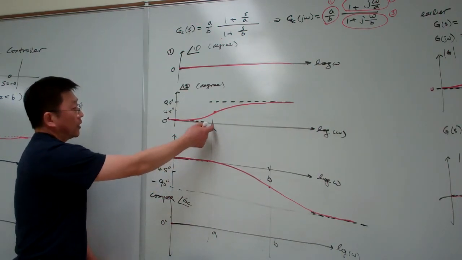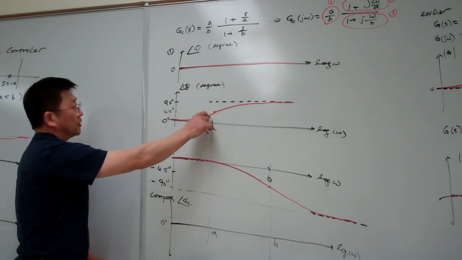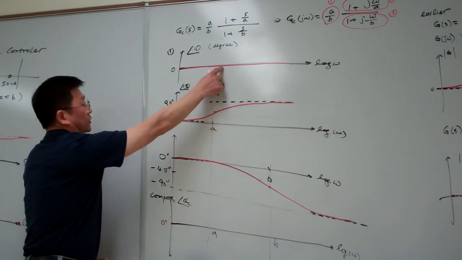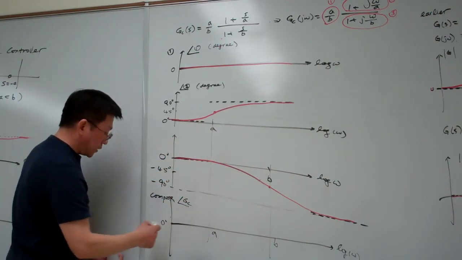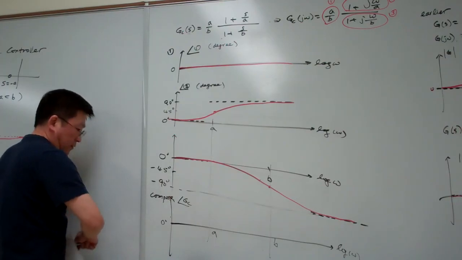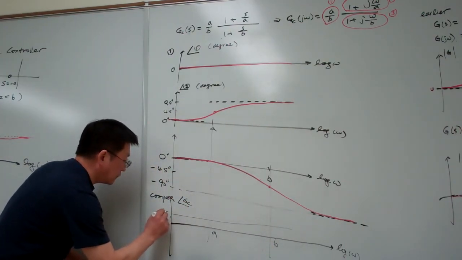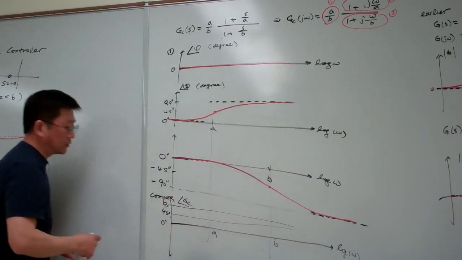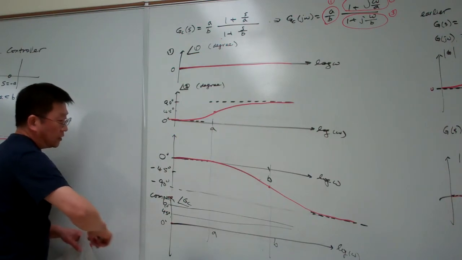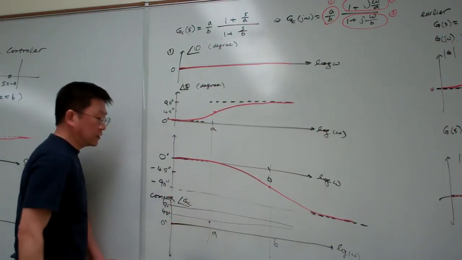At the corner frequency A, this is the 45 degrees plus 0 degrees, and this one will be a little bit negative. Let me label that one. This is 45, and here is 90. So at A, that will be a little bit smaller than 45 degrees.